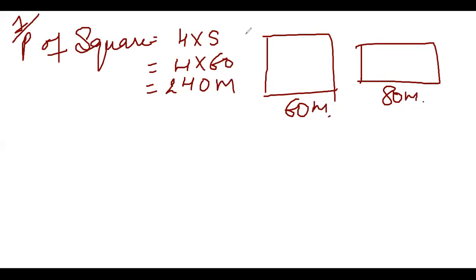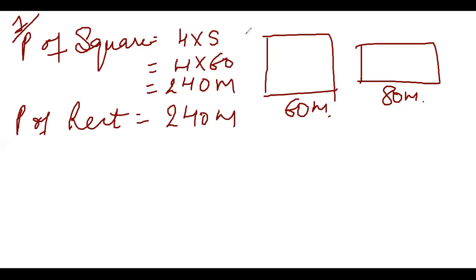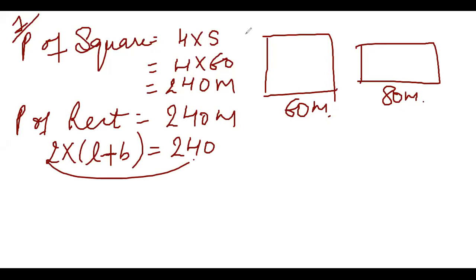Now we will use this in perimeter of rectangle, because perimeter of square is equal to perimeter of rectangle. So perimeter of rectangle is also equal to 240 meter. Here we will use the formula of perimeter of rectangle, 2 into length plus breadth. Length is already given here. We will find out breadth from here. 2 will be divided.